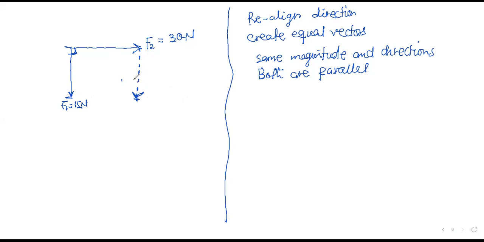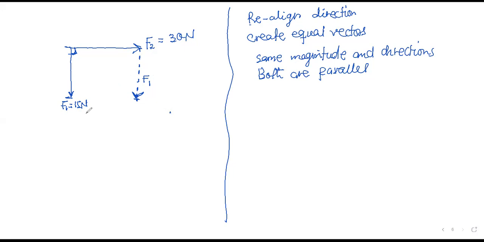Once it has all these features, I can also name this F1, the equal vector of the original. To create a distinction, one is in a broken line and the other is in a bold line. Class, are you okay here?